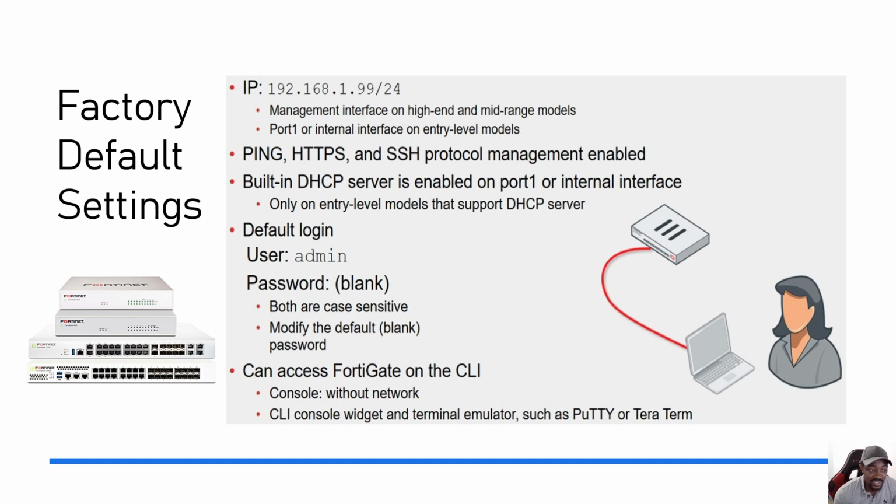In the real world, the firewall has a DHCP server configured on port 1, so port 1 can already start assigning IP addresses to devices that are connected on it. While on the FortiGate appliance that you upload on GNS3, it instead has a DHCP client enabled on port 1.